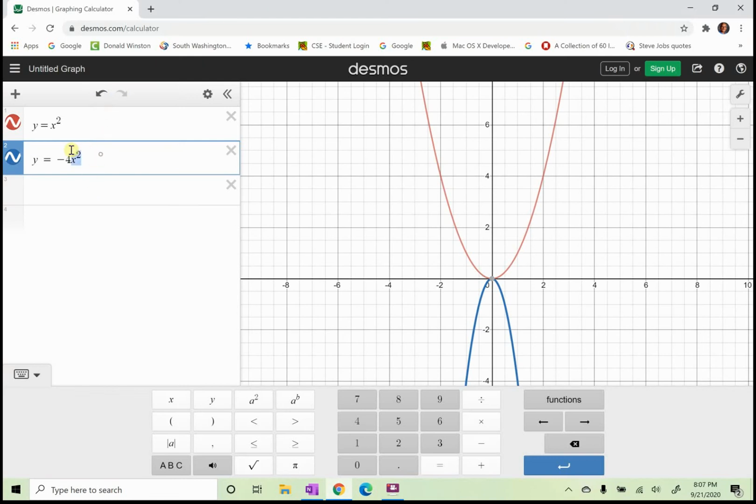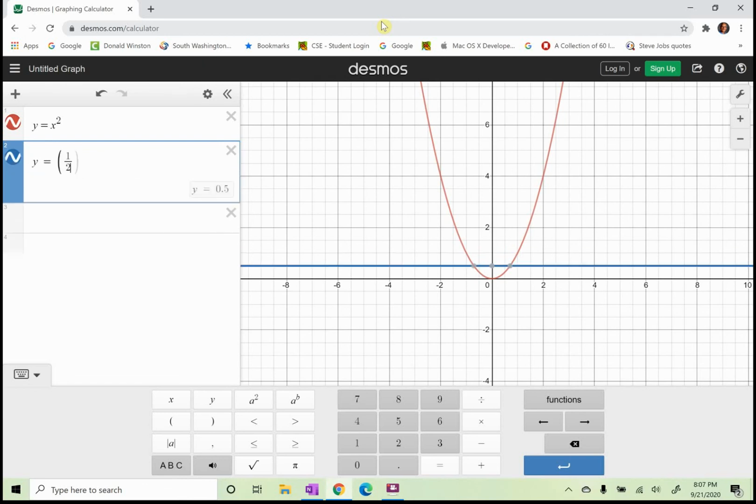Okay, so I said vertical compression by a factor of 1/2. So 1 divided by 2. Oops, why is that giving me 9? Okay, because I have caps lock on. 1 divided by 2. And then we're going to translate it left 5.